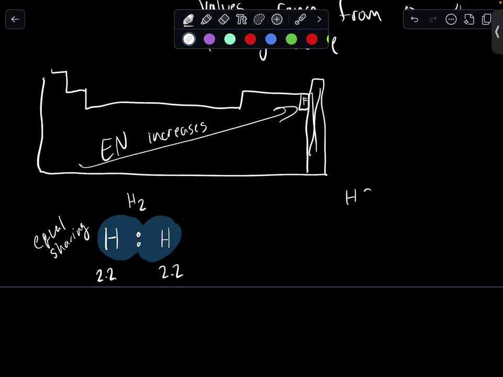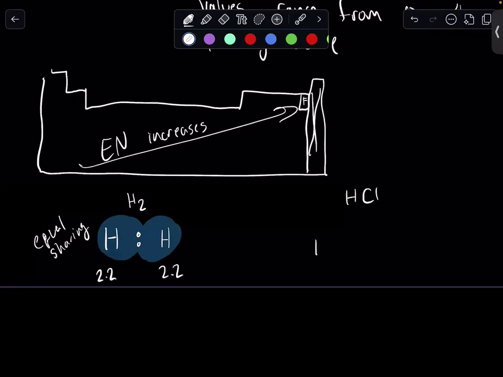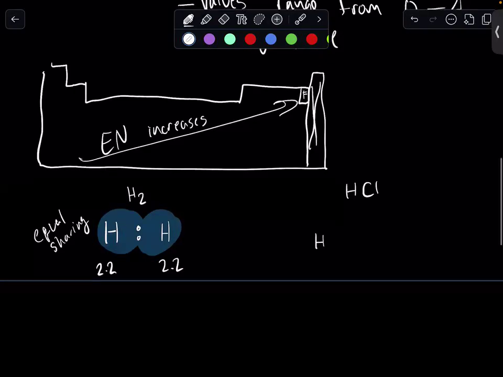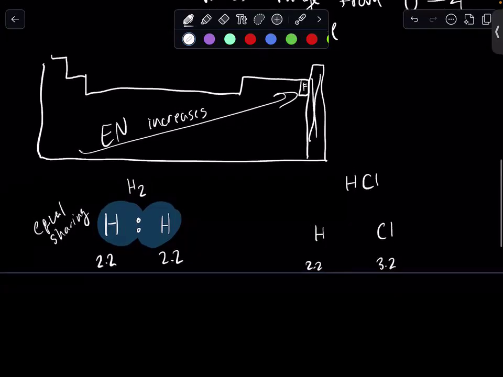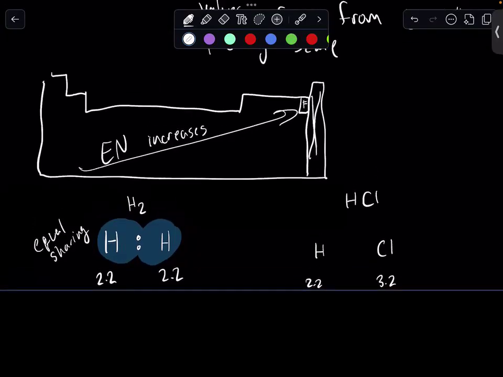However, if we look at HCl with hydrogen and chlorine, first off, chlorine is far larger than hydrogen, but chlorine also has an electronegativity value of 3.2. It's a full one value stronger. And so the electrons are going to sit closer to chlorine in this.